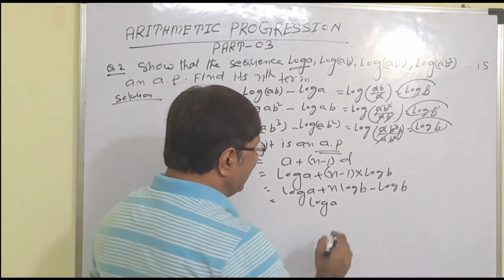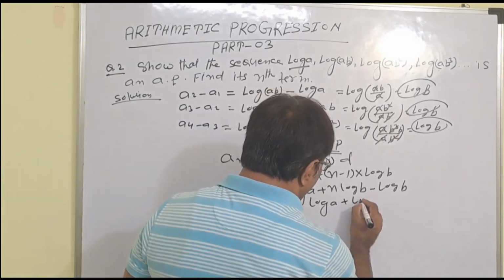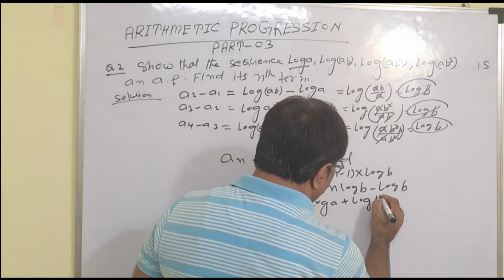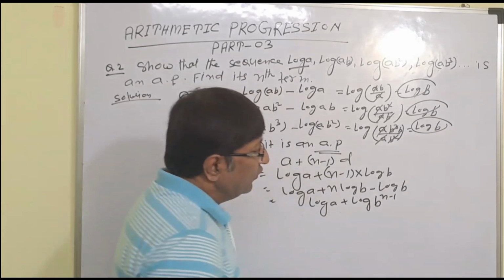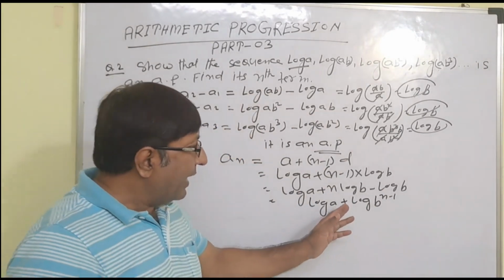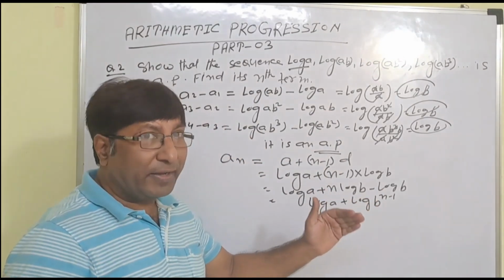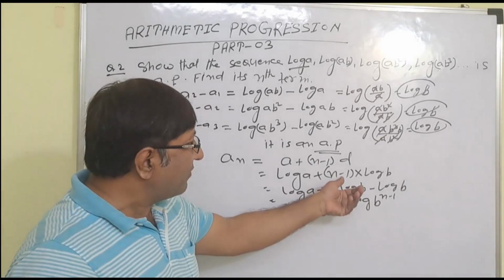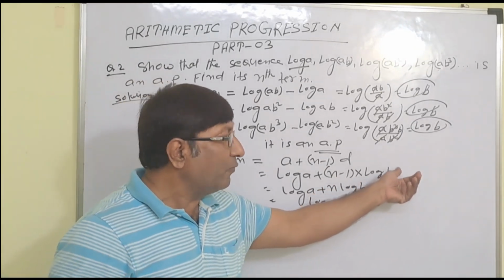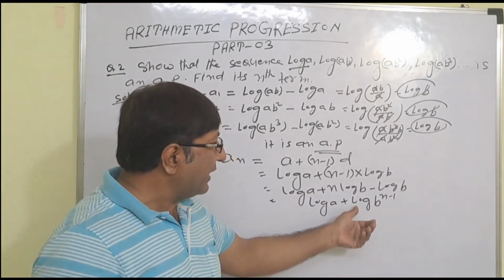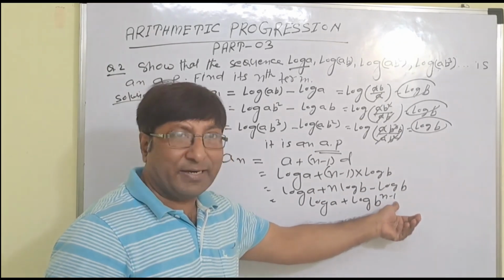So we can write this as log B to the power n minus 1, because you know n log A equals log A to the power n. So we can write log B to the power n minus 1.